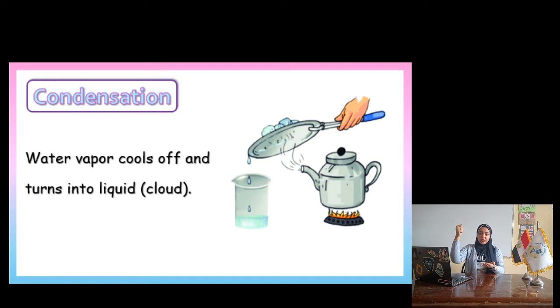When you hold it and look, you will find water drops on the cover, okay? This is condensation. The water vapor rises up, finds a cold surface, so it turns into water one more time. So condensation is when the water vapor cools off and turns into a liquid. In nature, when the water vapor comes up, it forms a cloud. Okay?